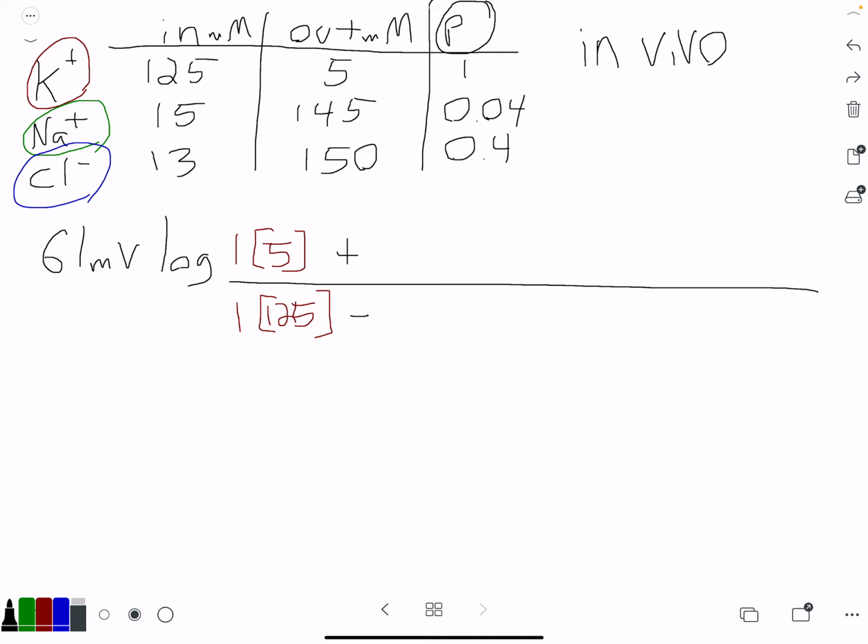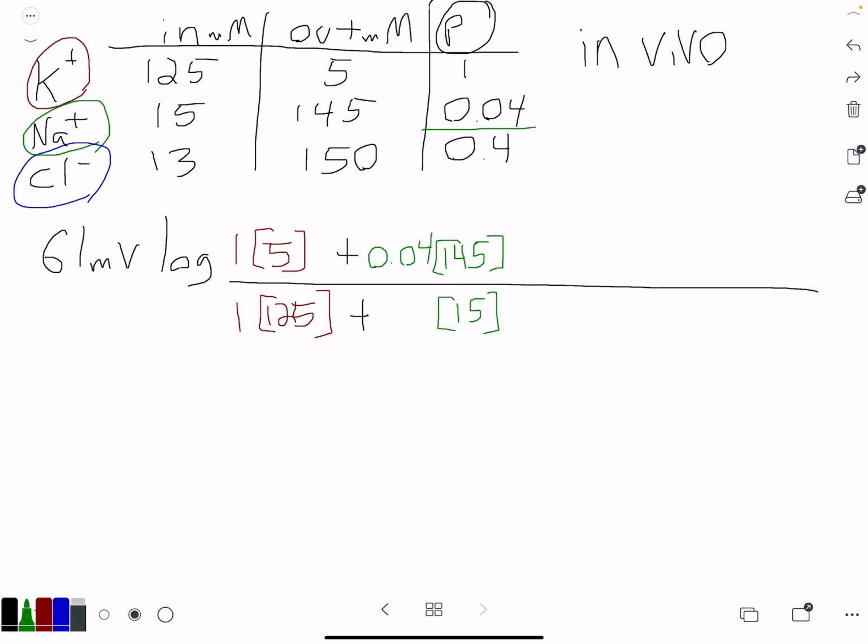And we're going to add it to the next ion, which is sodium. Again, our outside for sodium is 145, and our inside for sodium is 15. We have to multiply this by its relative permeability, 0.04.